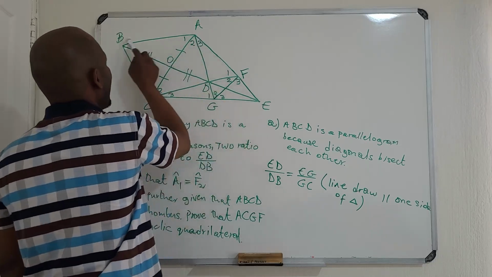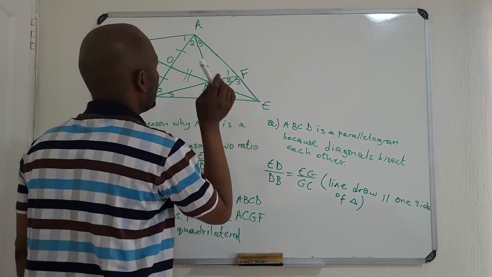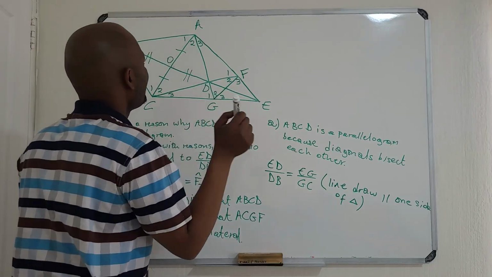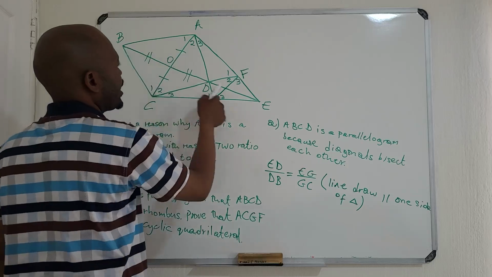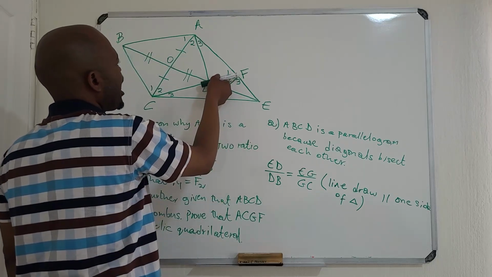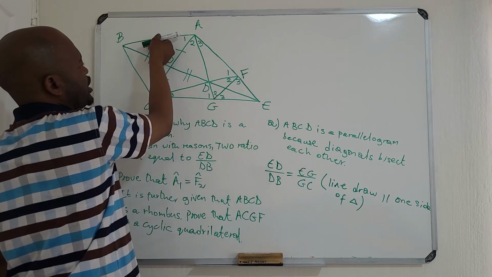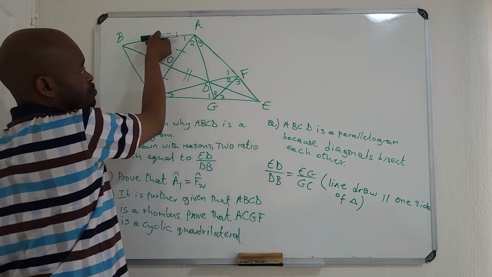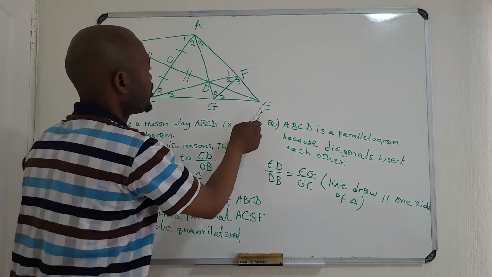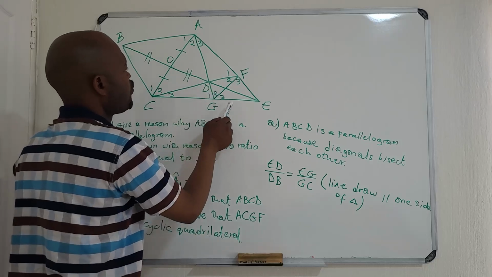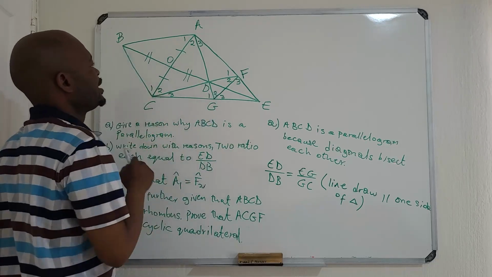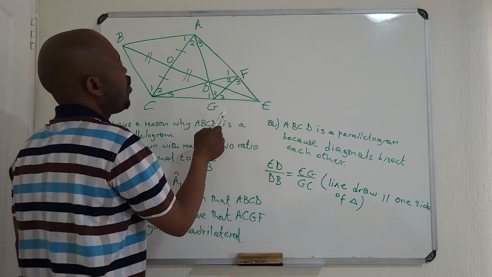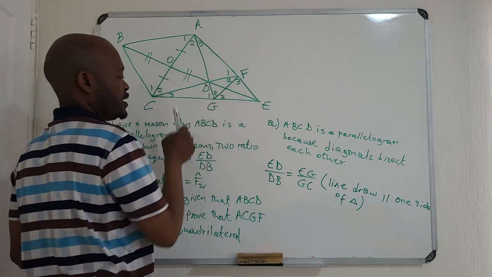Since DF is parallel to AB, then ED over DB is equal to EF over FA.